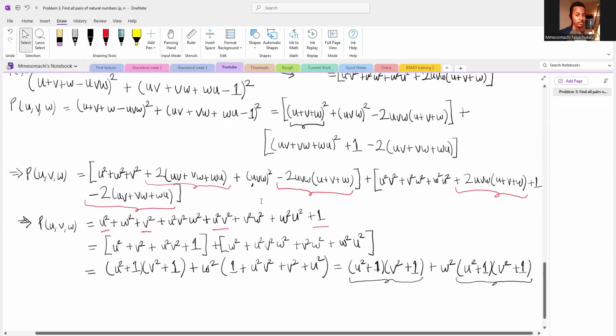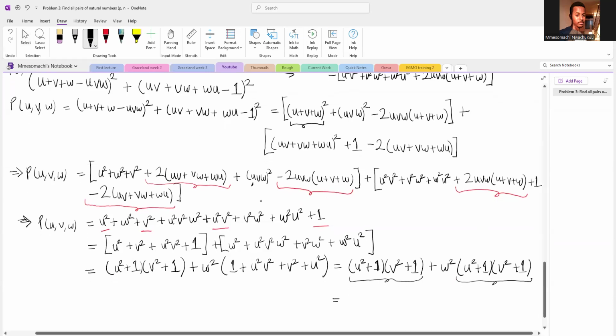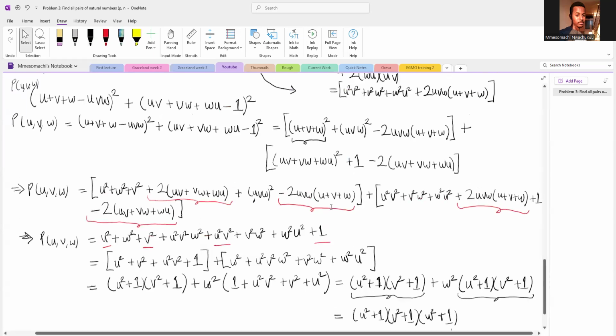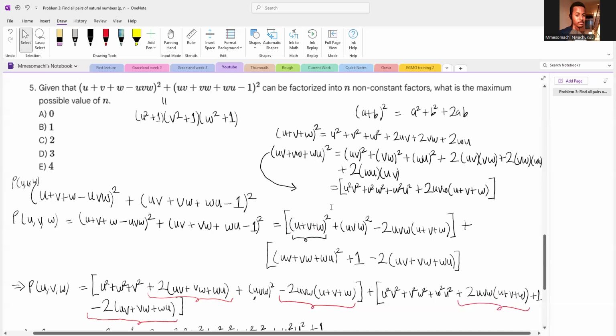So we can scroll down a bit again, and we can factor this out. So we have (U squared plus 1)(V squared plus 1). What do we have in the brackets? We have 1 plus W squared, because when we take (U squared plus 1)(V squared plus 1) from the first term, we have 1, and from the second term, we have just W squared left. That's the same thing as W squared plus 1. And so this is the final factorization, which I had earlier claimed.